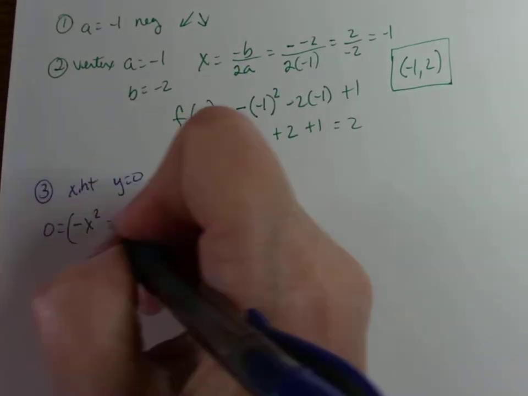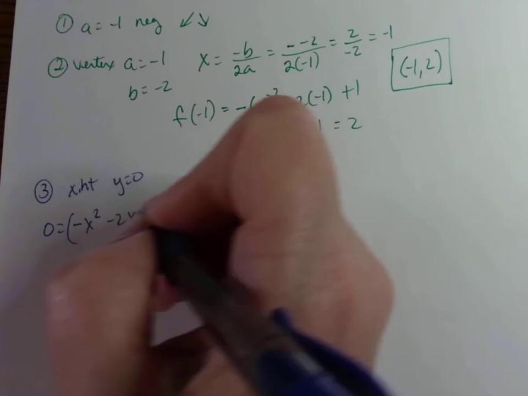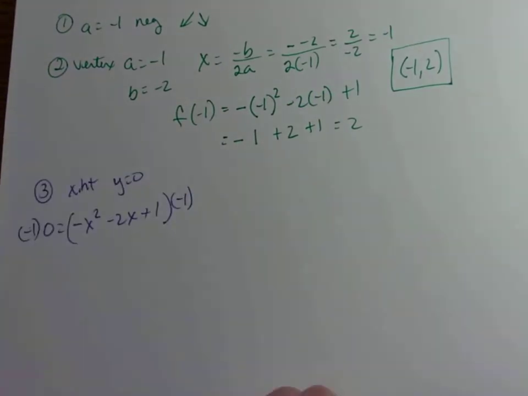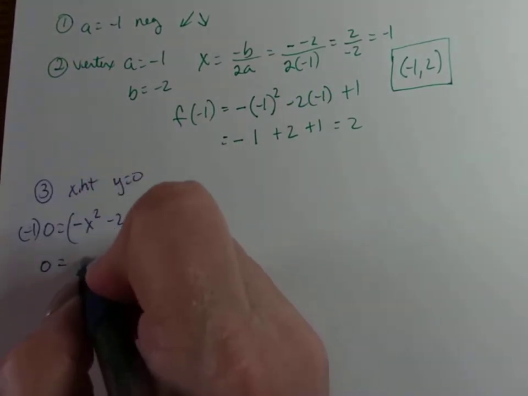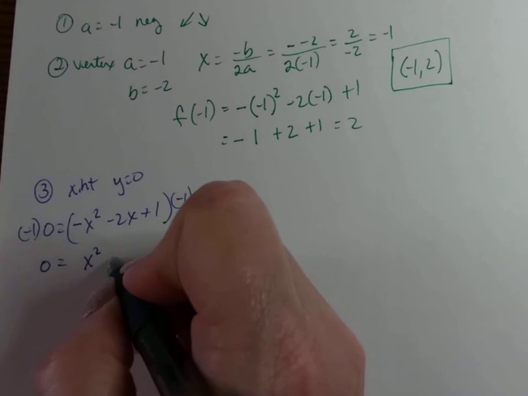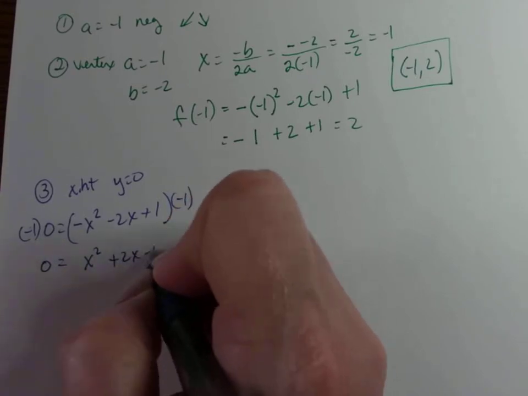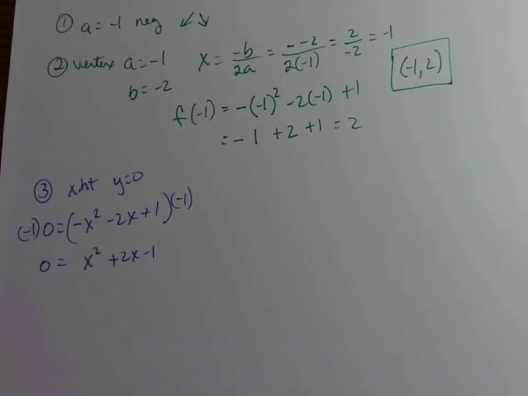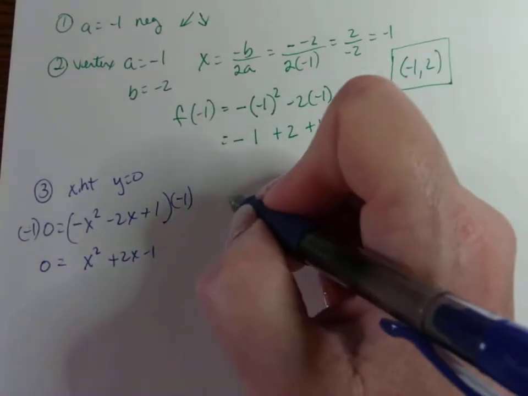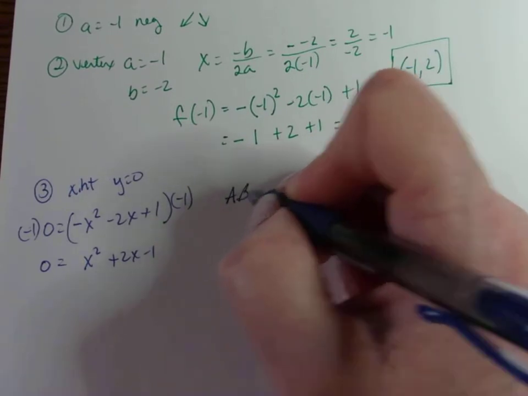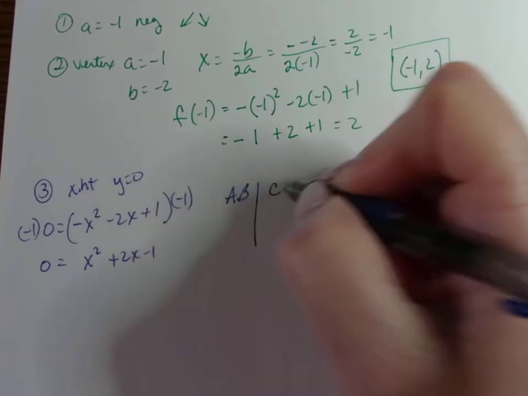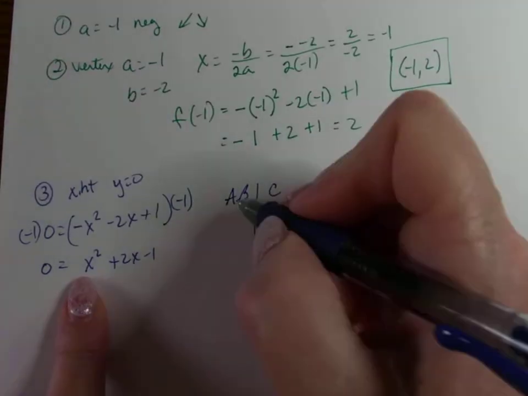So I'm going to multiply both sides by -1. And that still gets me 0, but it makes it x squared plus 2x minus 1. The easy way to factor is a times c gets you to your b. Our a is 1.